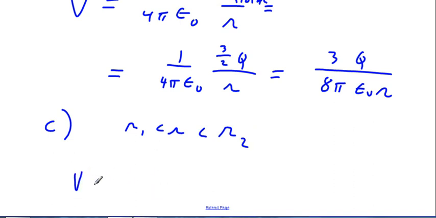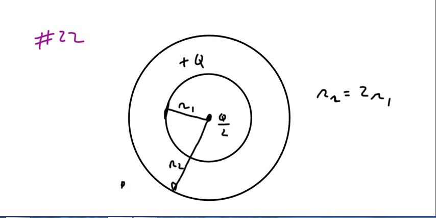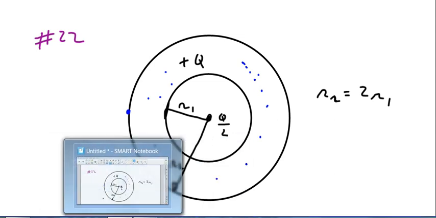And the voltage is going to be, okay, now the tricky part here is that inside the conducting material there is no electric field, and therefore the voltage inside is going to be constant, and it's going to be the same as I had on the outside of the shell, because there's no electric field inside the conductor.